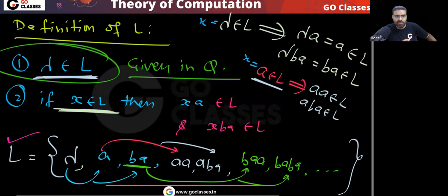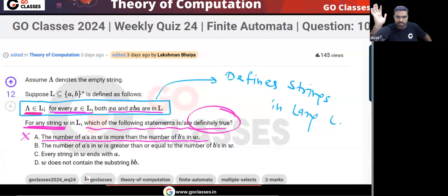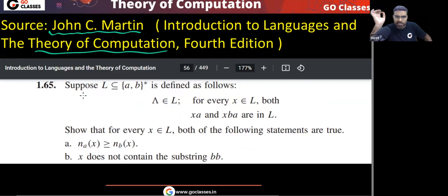Is this language finite or infinite? This is infinite. You can keep creating the strings. Please tell me, did everyone understand the language? The definition of language is given in the question. See, this is a very nice question.